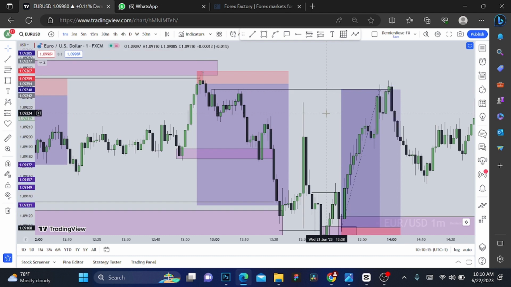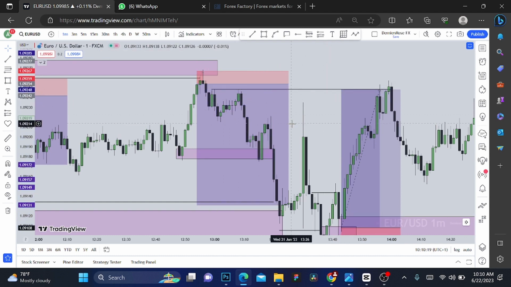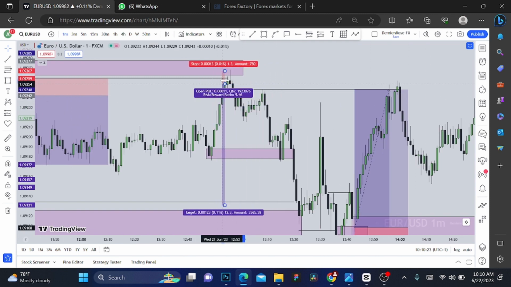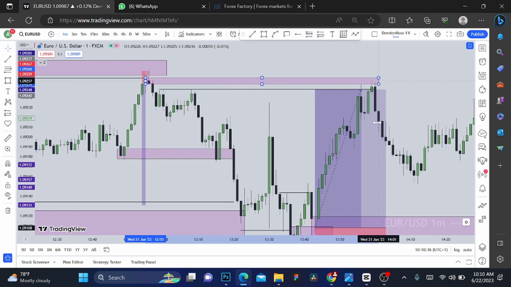You're done. So I know after this liquidity has been purged, the market will definitely react from this imbalance zone. Let me show you. The market will definitely react from here because this is major buy side liquidity. Then if you look closely, we have this imbalance that needs to be properly filled above this buy side liquidity.